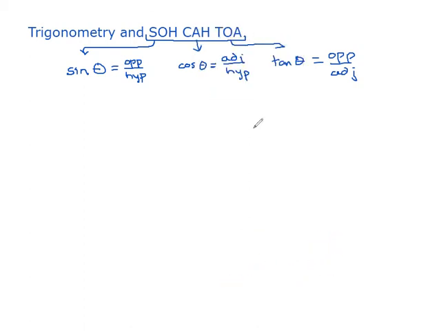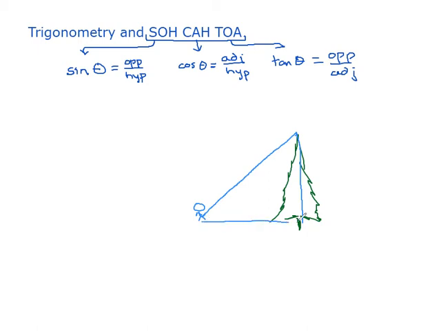So there is a tree. And there is you. And you want to know how tall the tree is. You can't climb it to measure it because it's all needly and you don't want to cut it down.